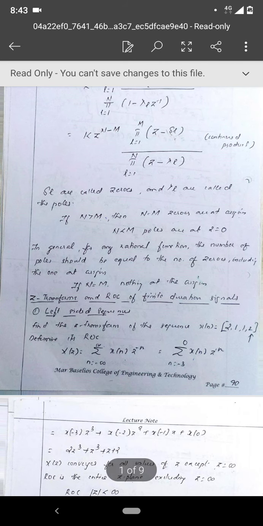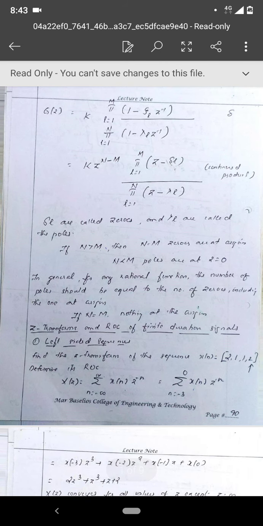If you factorize the numerator polynomial, whatever you get, all the M number of delta l's, are called the zeros, and in the denominator, the N number of lambda l's are called the poles. So when N is equal to M, you don't have any pole or zero at the origin.